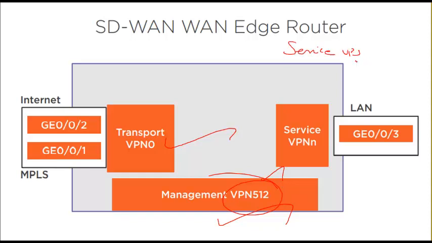So VPNs starting from 1 to 511 and 513 to 65530. All these numbers are for us to use for LAN to LAN traffic. And these VPN numbers are called service VPNs.